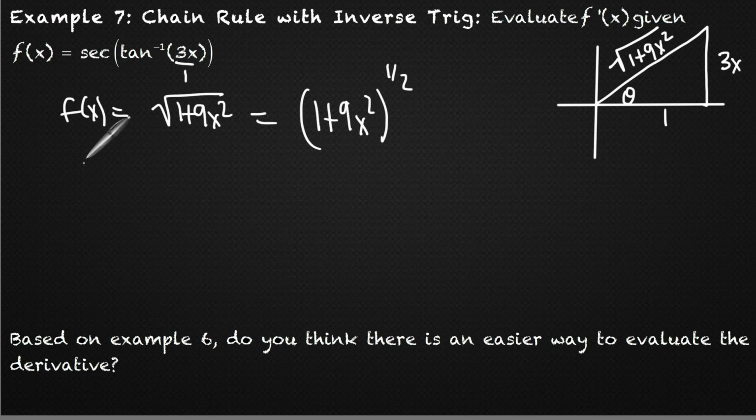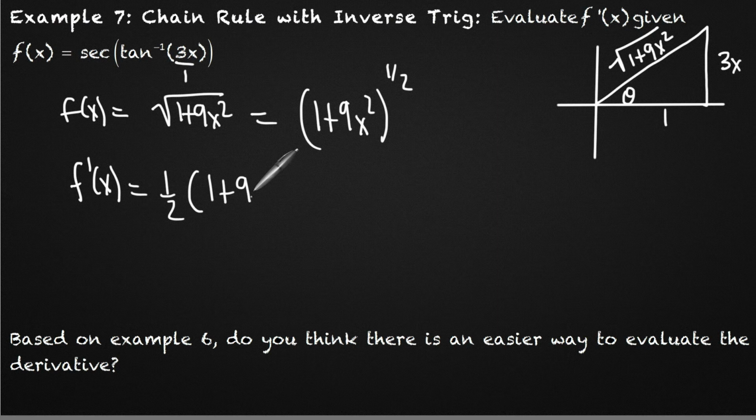Now by way of chain rule, we can say 1/2, leave the inside function alone, drop the power down, and then multiply by the derivative of the inside, which is 18x. And man, look at how much easier that derivative was just by using some inverse trig. 18 and 2 are going to cancel and give us 9.